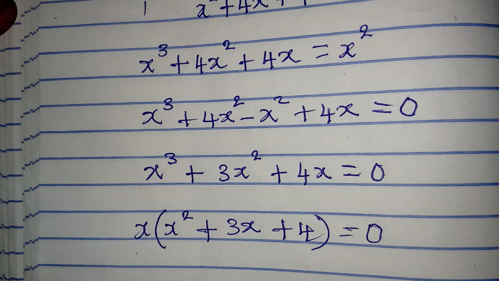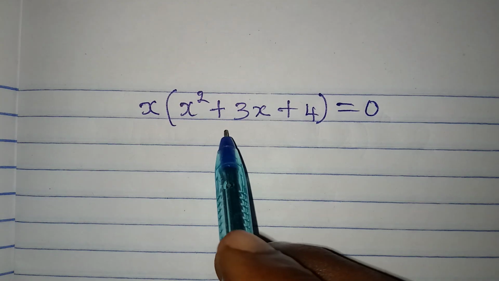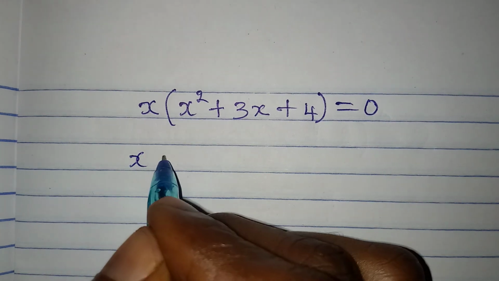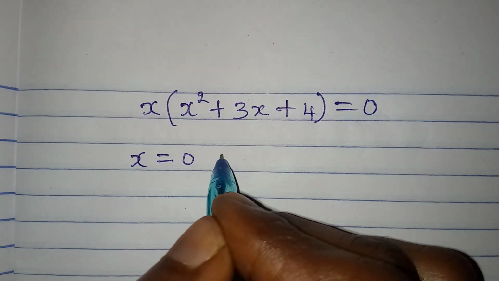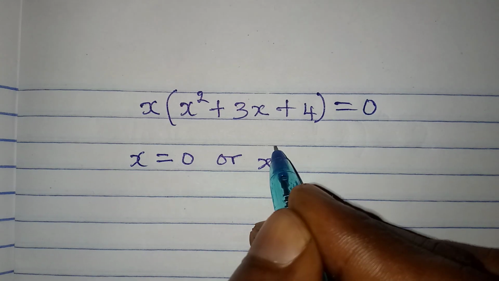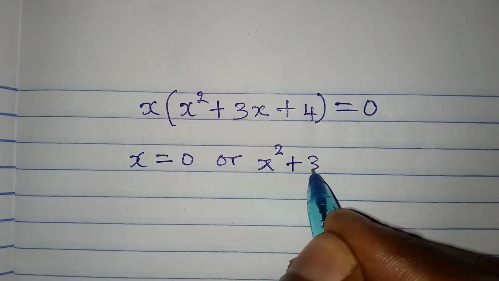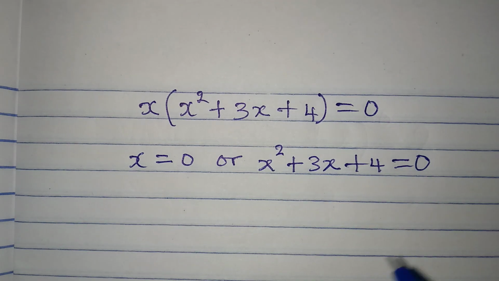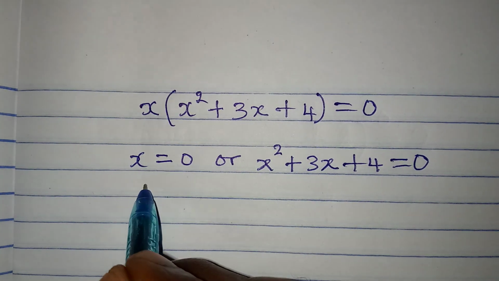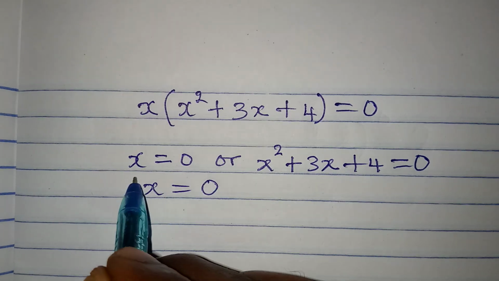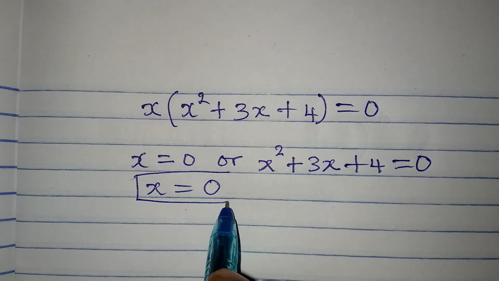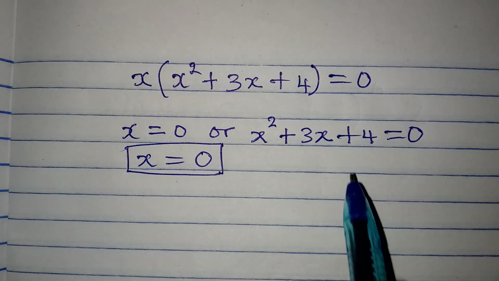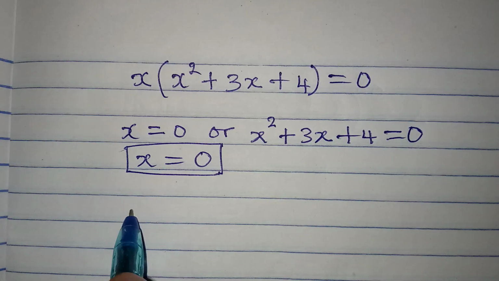Now let's continue. So at this point we can apply zero product rule. That says it's either x is equal to 0 or x squared plus 3x plus 4 is equal to 0. Now from here, x is equal to 0 is one of the solutions, right? Now let's get the other 2 solutions from this quadratic equation.